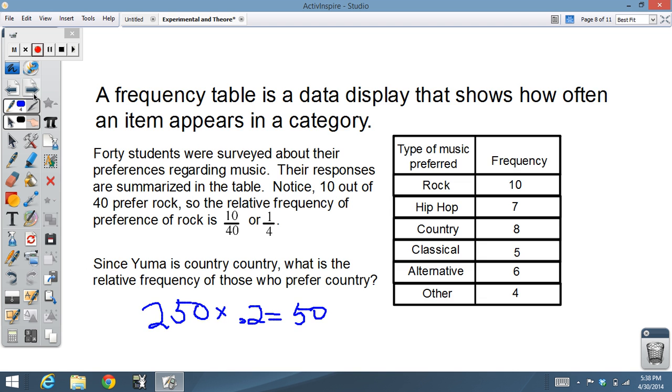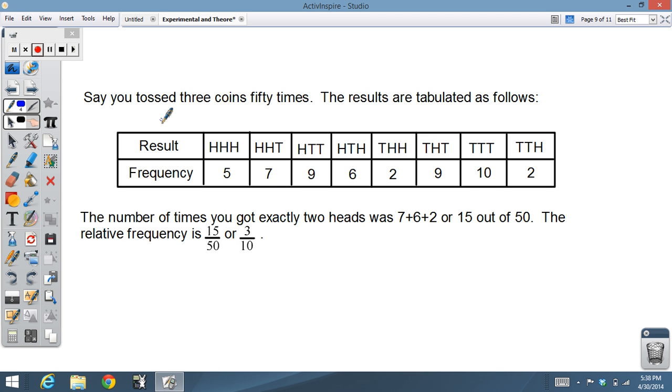Good. Going from there. Say you toss 3 coins, and you do it 50 times, and you tabulate the results. The number of times you got 3 heads was 5, heads, heads, tails, 7, heads, tails, tails, etc., etc. All right, and we asked the question, what is the number of times you get exactly 2 heads?